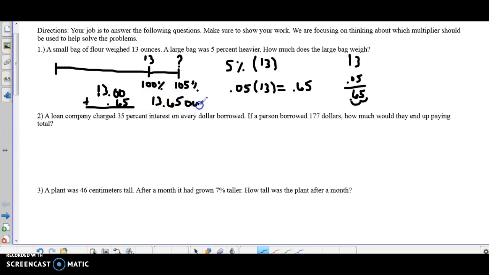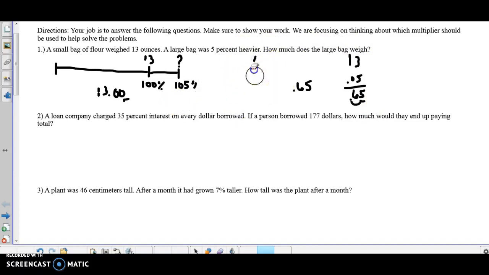And then I could write out ounces. So that would be one way of doing that, but notice that was 2 steps. So for the sake of having enough room, I'm going to erase this. If you wanted to show your work that way and didn't copy it down, feel free to rewind this video so that you can look at it again.